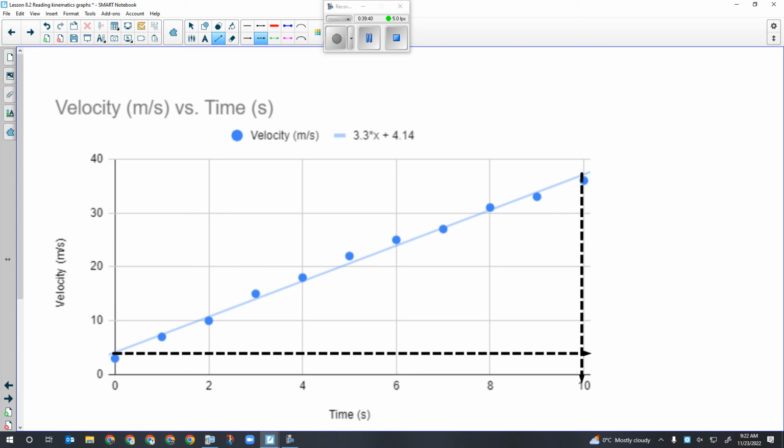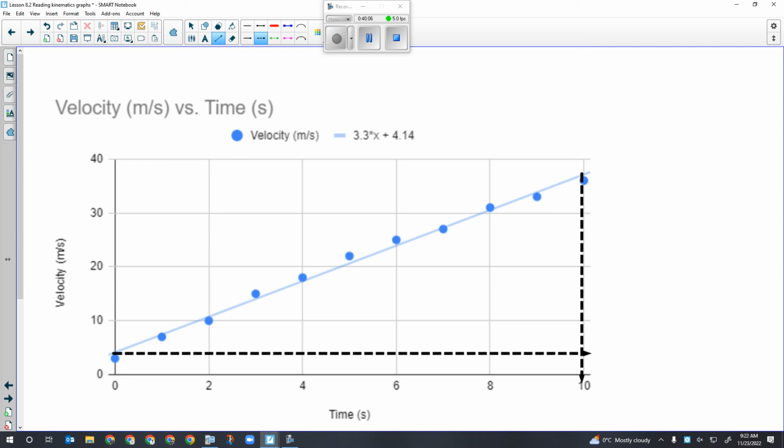It would cover this distance if it didn't accelerate. But it does accelerate. So not only does it cover this distance, it covers this distance, the area of the triangle, while accelerating. So there's this initial part that it would have done if it didn't accelerate, plus the part it does while accelerating. So I have to add those two shapes together.